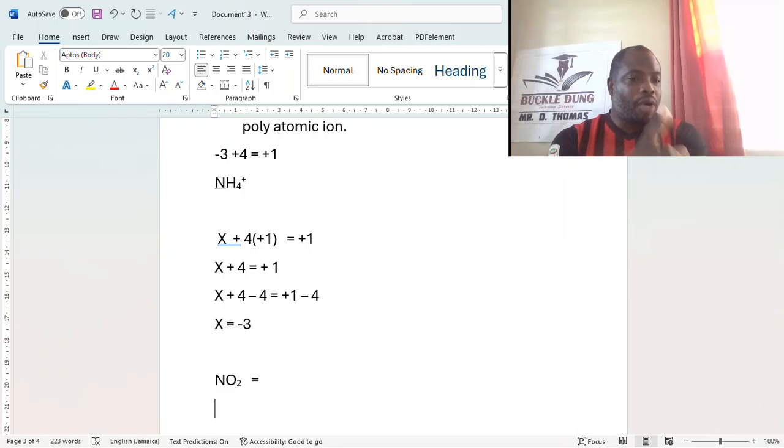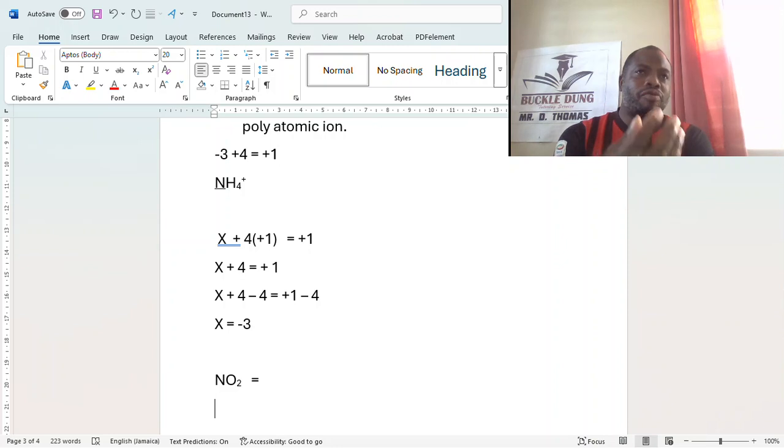While you look at the polyatomic ion up there, the ammonium, this compound, nitrogen dioxide, is neutral because we're not seeing any charge. And we should remember the rules. The rules are in place to help you.